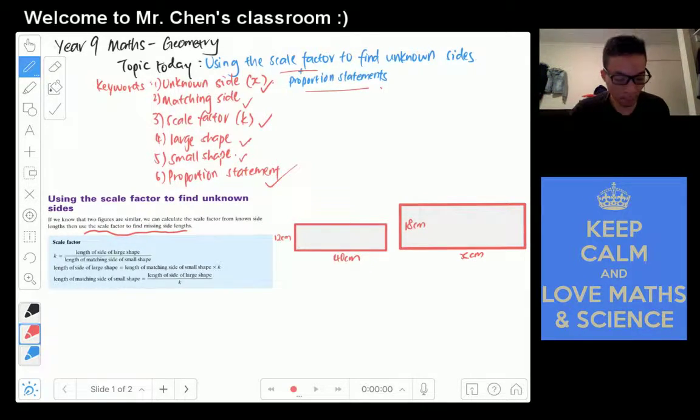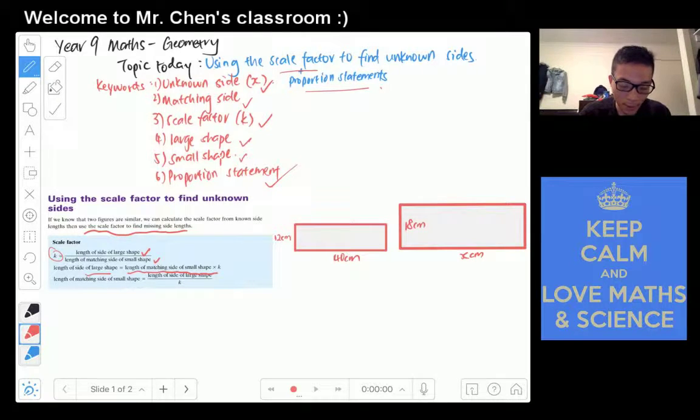The scale factor, like I said in the previous videos, is k equal to the length of a side of the large shape divided by the length of the matching side of the smaller shape. So always start with the matching side of the large one, divided by the small one. If you rearrange the formula, you will realize that the length of the side of the large shape is actually the length of the matching side of the small shape times k.